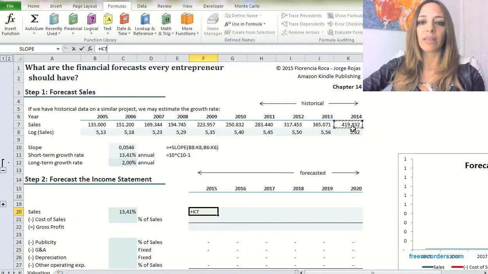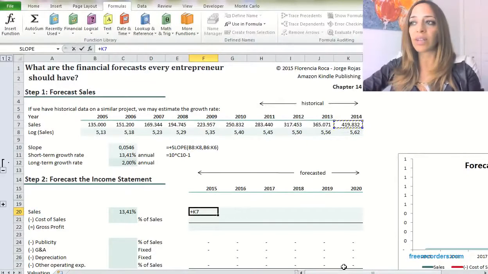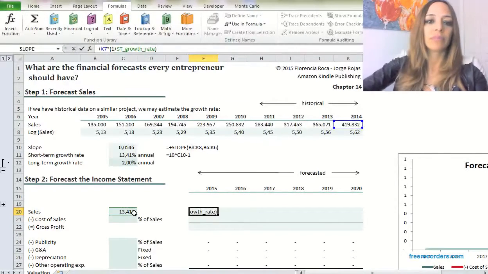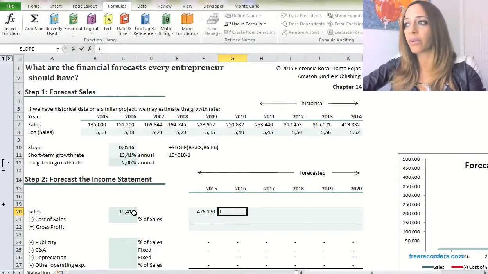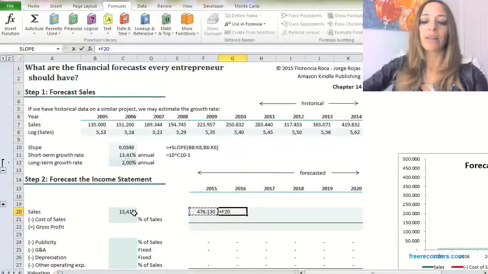Well, assuming, for example, that the historical sales were 419, then we multiply by 1 plus the growth rate. We could perfectly start here in 0 or in any number. And then again, for the next year, the previous year times 1 plus the growth rate.